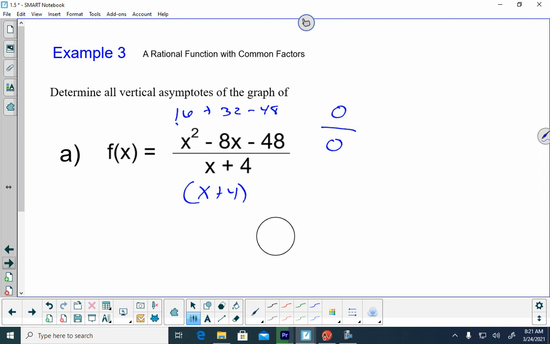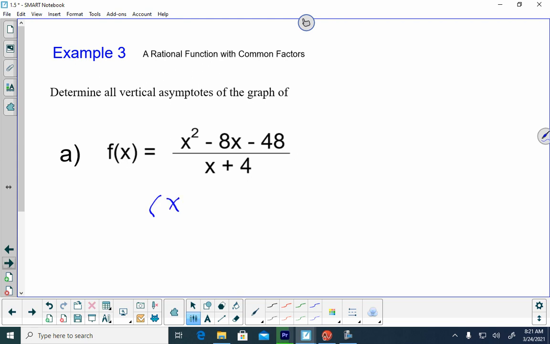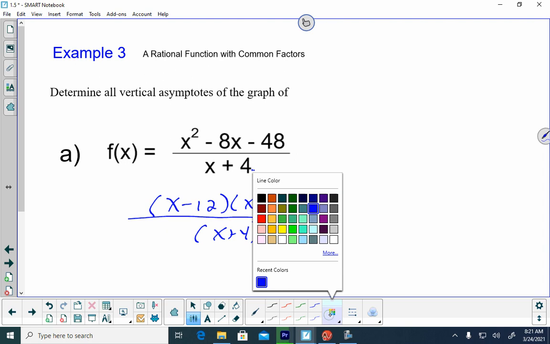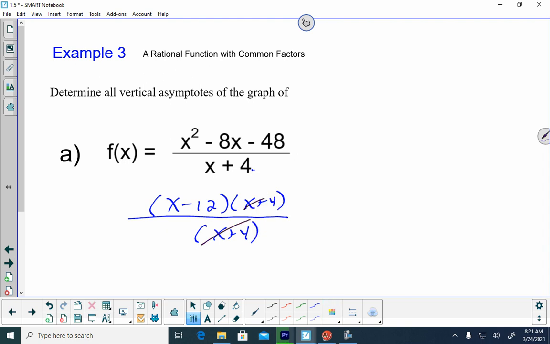So we're backtracking, and we are going to factor the numerator, and the numerator factors as x minus 12, x plus 4, and I kind of had a hint that x plus 4 was going to be one of my factors. Now the x plus 4's can simplify, and I'm left with x minus 12.